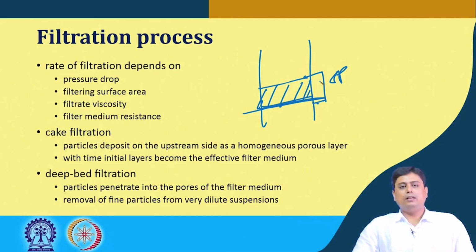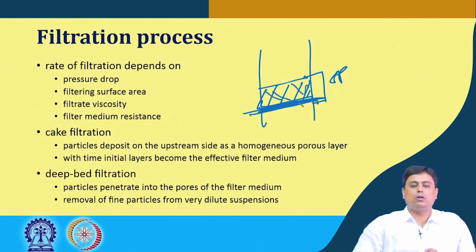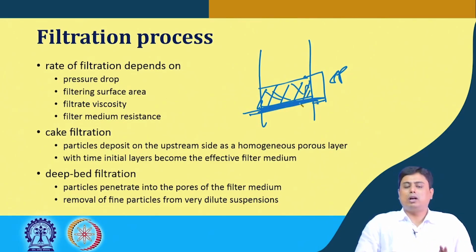Then the other important parameters are filtrate viscosity and the filter medium resistance, because effectively what is the total resistance? The total resistance to the flow is the resistance in that porous media or the cake of certain thickness, this portion, and the resistance of this filter cloth or filter media, whatever we take, or membrane, something else.